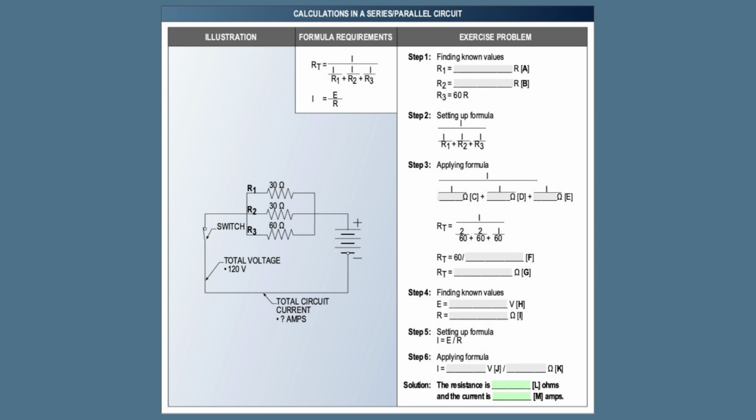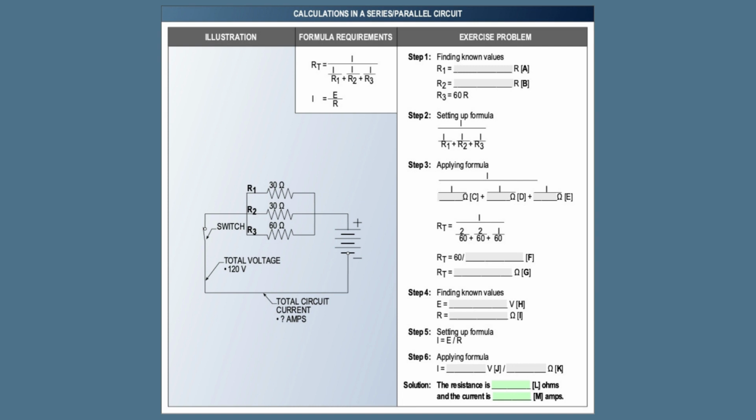In step 3, applying the formula, RT equals 1 divided by 1/30 ohms plus 1/30 ohms plus 1/60 ohms, which equals 1 divided by 2/60 ohms plus 2/60 ohms plus 1/60 ohms. Based on this formula, RT, the total resistance, equals 60 ohms divided by 5, which equals 12 ohms.